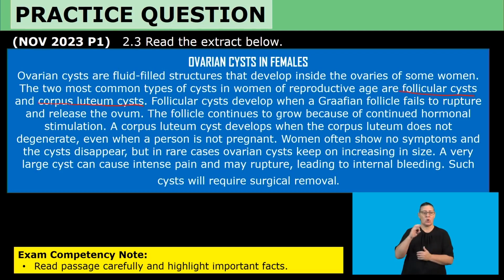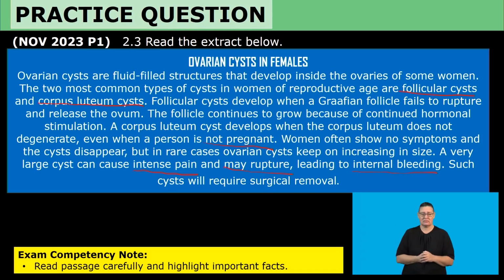A corpus luteum cyst develops when the corpus luteum does not degenerate, even when a person is not pregnant. Women often show no symptoms and the cysts disappear. But in rare cases, ovarian cysts keep on increasing in size. A very large cyst can cause intense pain and may rupture, leading to internal bleeding. Such cysts will require surgical removal.